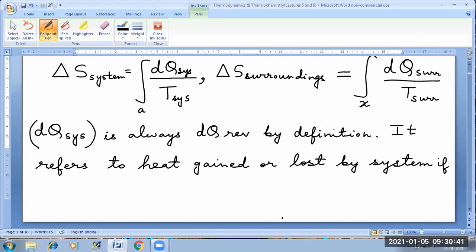So dq system is strictly the reversible heat gained or lost by the system. Whereas dq surroundings is not necessarily the reversible heat, it is the actual heat that has taken place in the actual process or the actual path. That means it could be reversible, it could be irreversible, depending on the actual path. When we do calculations, then this will become clearer. So we will gradually go in this.